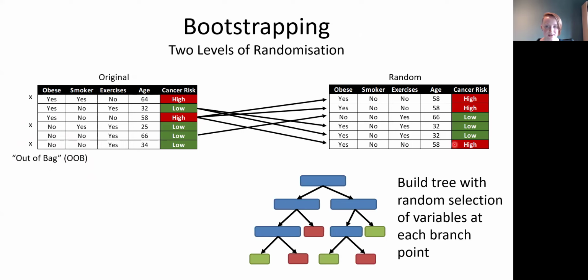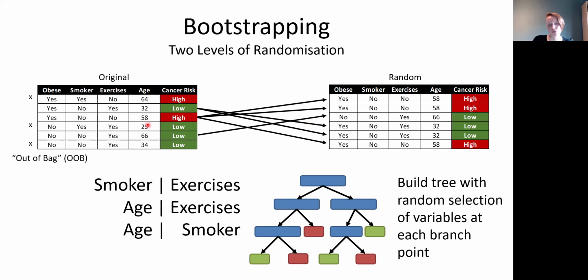So then, using our new randomized data, we will build a tree, but we will also add another level of randomization, which is that we will randomly select which variables we could possibly use at each branch point. And so what I mean by this is we will, for example, say that we can only choose from 2 different variables at each level. And so at the top level, we can only use smoker or only use exercisers.